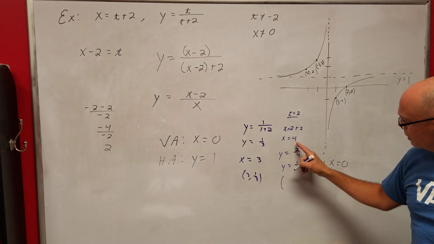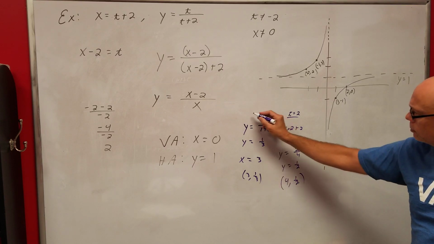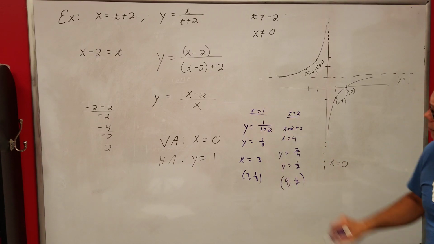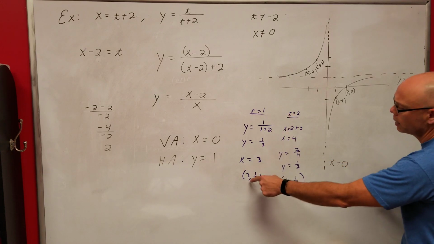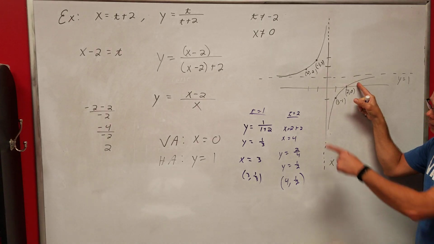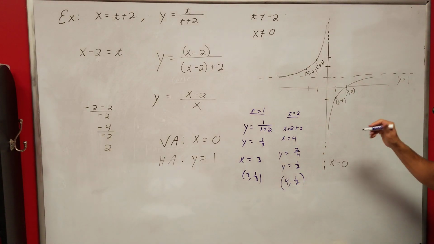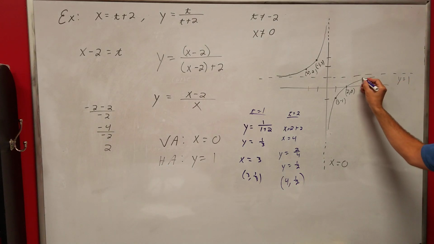So what does this give me? This gives me the point 4 comma 1/2. All right, when t was 1, I was at what? 3 comma 1/3. Whenever time is 2, I'm at where? 4, 1/2. So I must be moving this way along my curve, right?